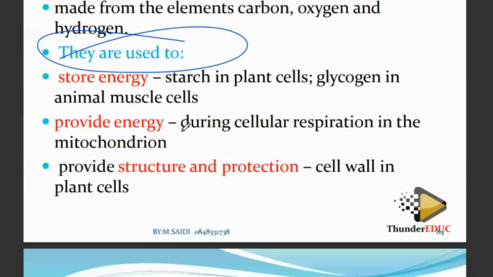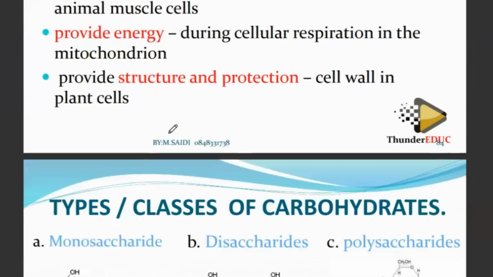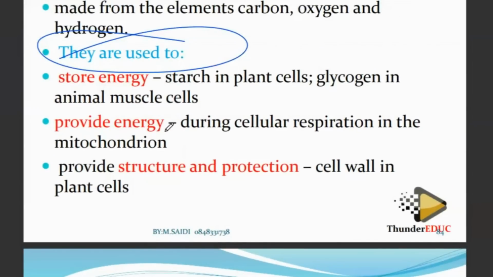Actually, all these ones are used for structure. They provide a structure, like they build up the cell membrane. You understand? So that is one. If they ask you about the proteins, the lipids, the carbohydrates, that's number one. Energy is another thing.